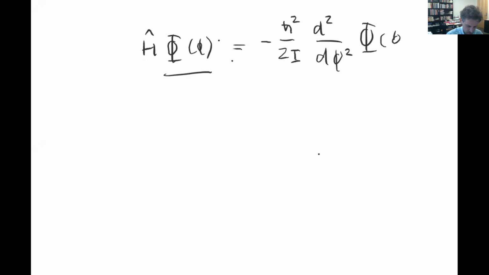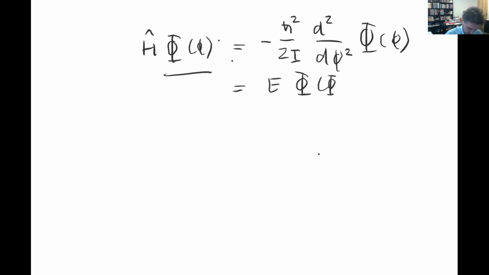I'm going to define this function here. It's basically a big capital phi. That's going to be my eigenfunction. I have h bar squared over 2I, then the second order derivative with respect to phi, and then of course the function itself. And this must be equal to the energy times the function.